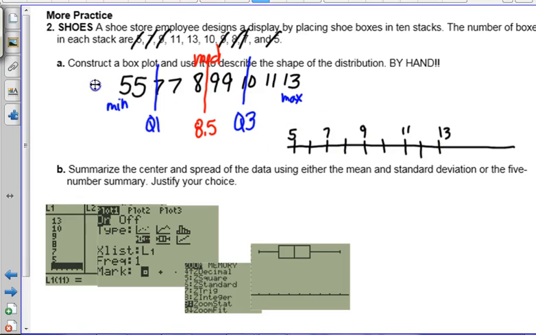But my box and whisker plot would start where? The min is the first thing you graph, the start of a whisker, and that whisker goes until the box starts at 7. Then the box goes until the median, which is 8.5, using my scale to line these up here.